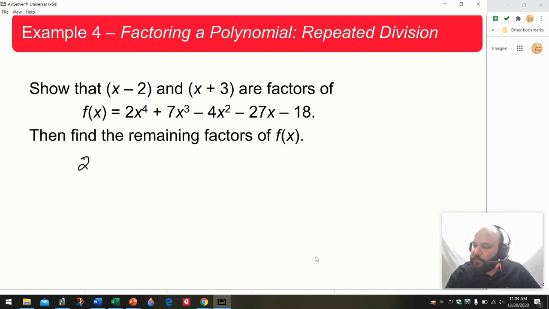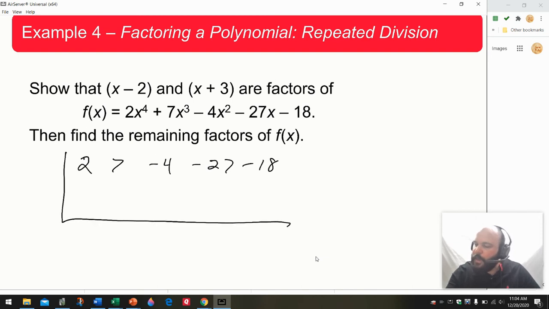So I'm going to start with synthetic division, and I'm going to write my coefficients. Not factors, excuse me, these are the coefficients. I used the wrong term. And then remember, if I want to divide by x minus 2, I have to set x minus 2 equal to 0 and then solve. When I do that, I get x equals 2. So I'm going to do synthetic division with the number 2.